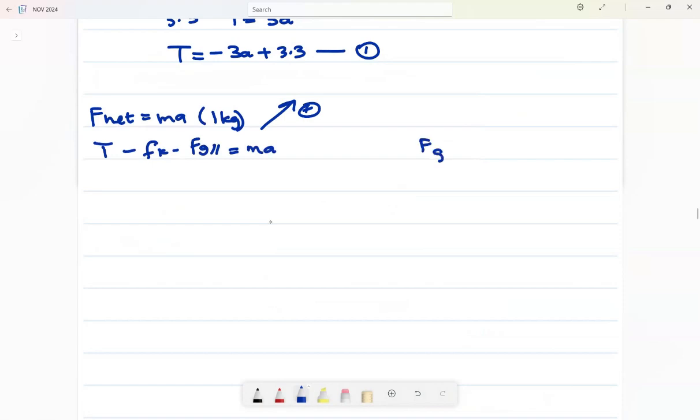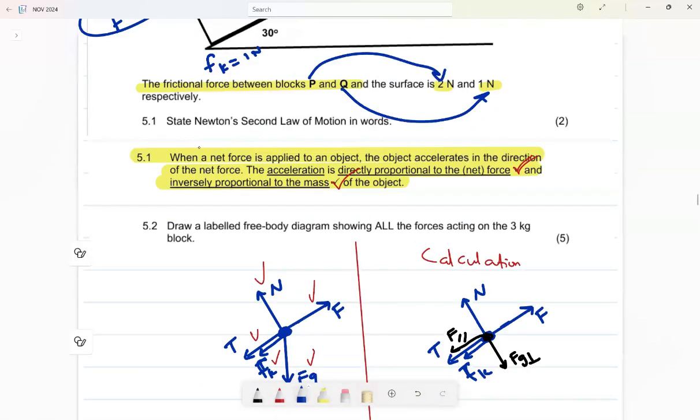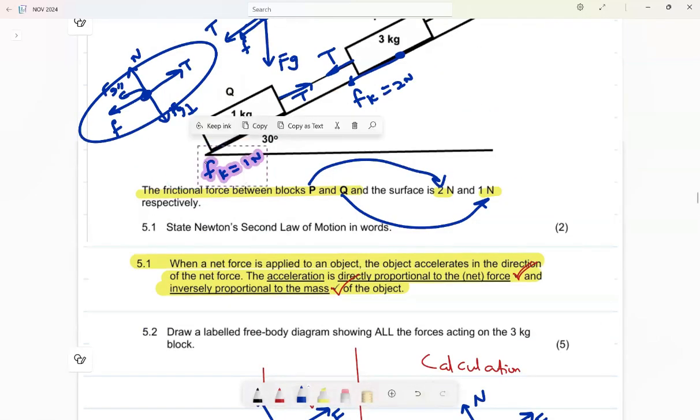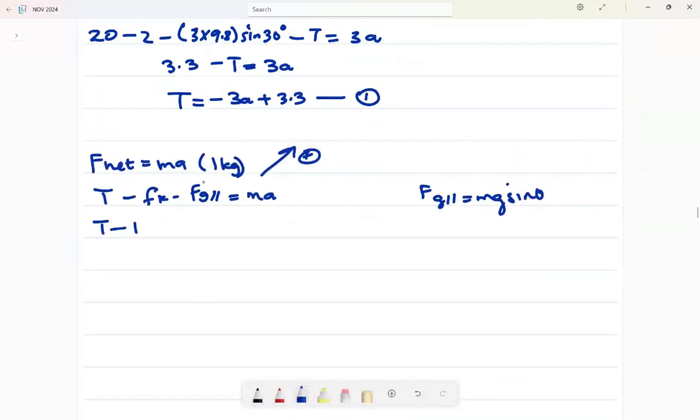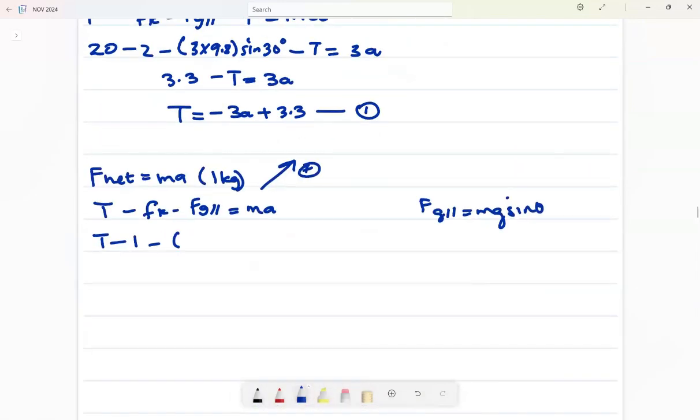But still remember, Fg parallel is the same as mg sine of theta. So in this case, it's going to be tension minus, remember 1 kilogram experiences 1 Newton of friction, so friction of 1 Newton. And Fg is easy, it is mg.